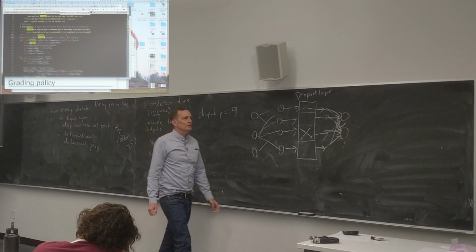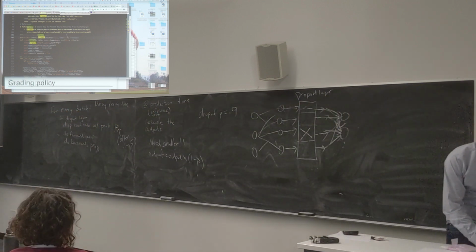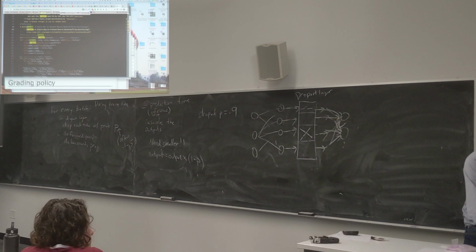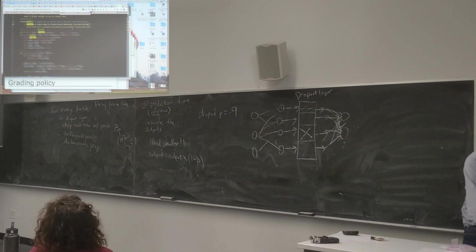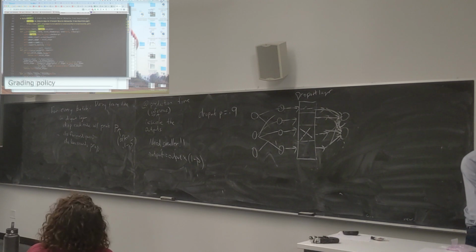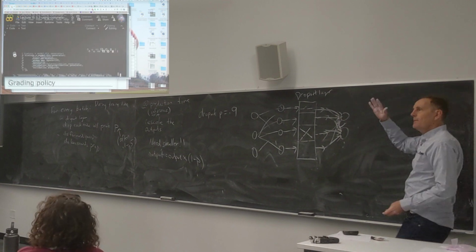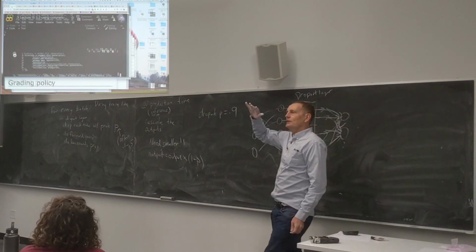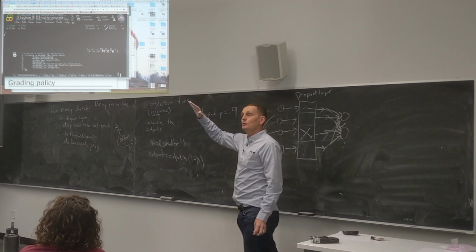So adding dropout. I would have to look at the code for this. My guess is if I look carefully, it's actually doing scaling at training time. One advantage of doing scaling at training time is, let's say you wanted to have a dropout that changed as you were training.